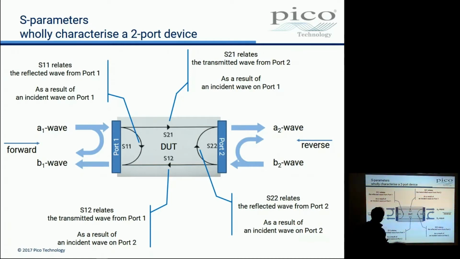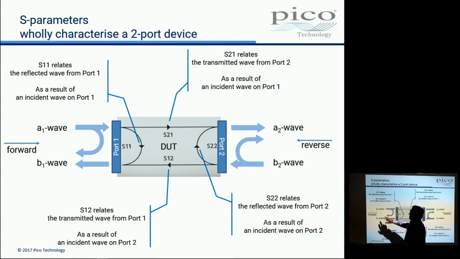So here's the explanation of them. The S11 describes the signal coming out of port 1 as a result of the signal on port 1. Not the total signal coming out of port 1, but the signal out of port 1 as a result of the incident wave on port 1.